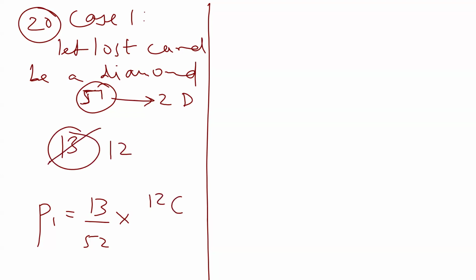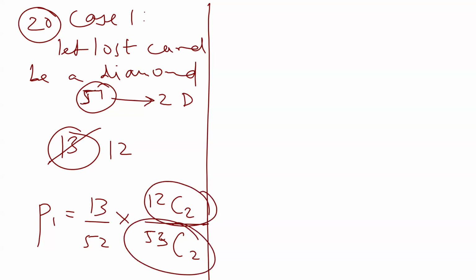Out of 12, any two diamonds will be there upon 53C2. Why? This is the sample space, one card is lost, and we are drawing out two cards. Sorry, this is 51C2. I'm really sorry. 52 are the total cards, one card is lost, so it is 51C2.